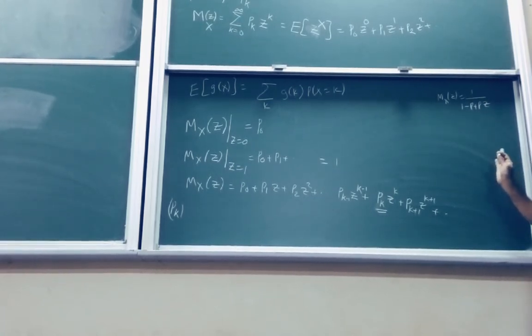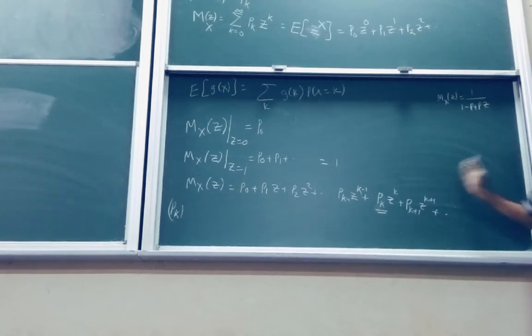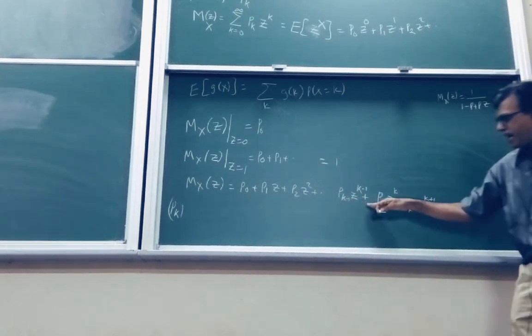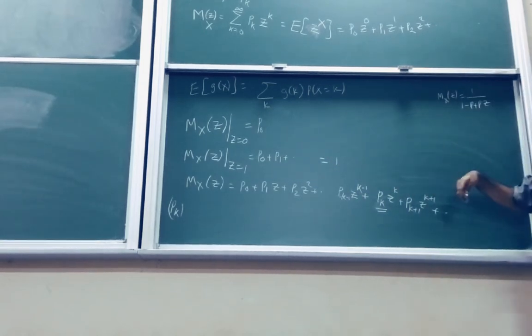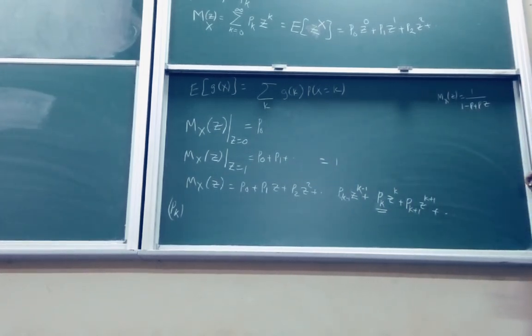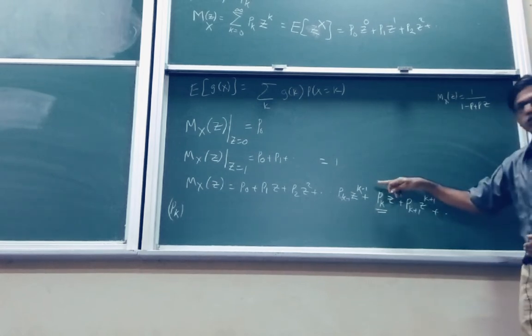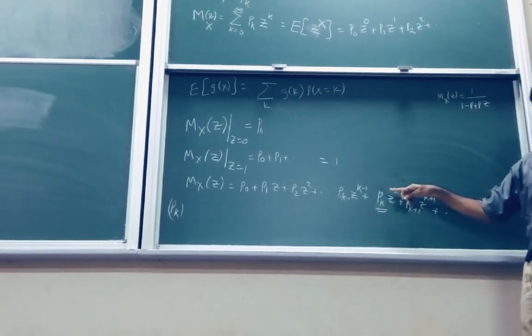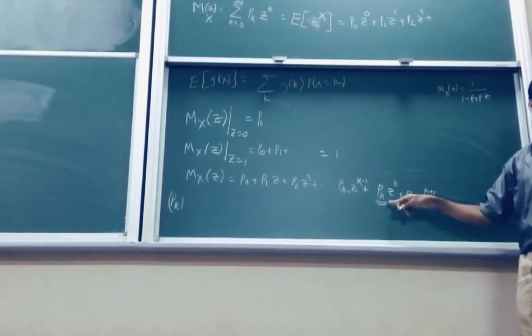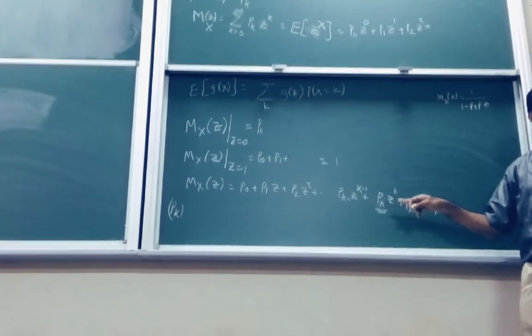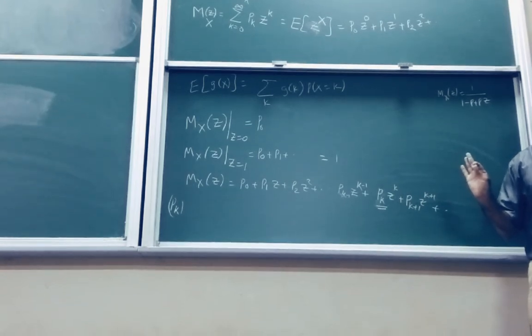To do that, I will put z equal to 0. If I differentiate it k times and then put z equal to 0, I will remove everything on this side, and I will get hold of this one. But z will not be there. But k factorial in pk will be there. To get pk, I have to divide it by k factorial.